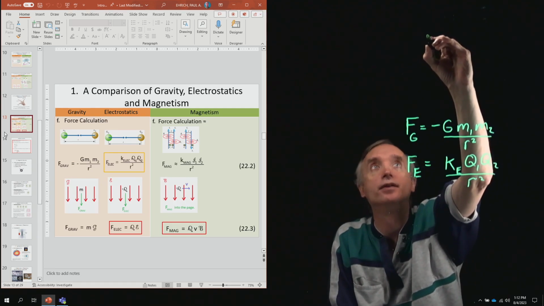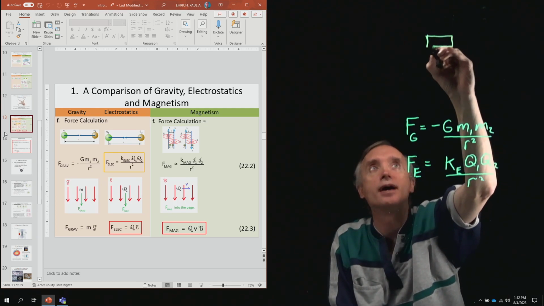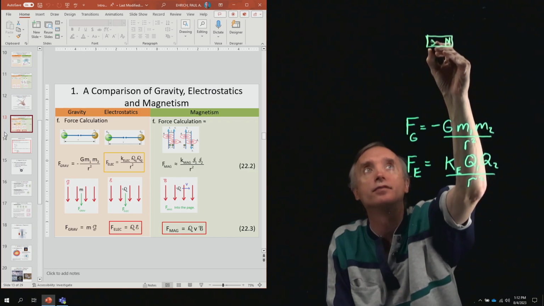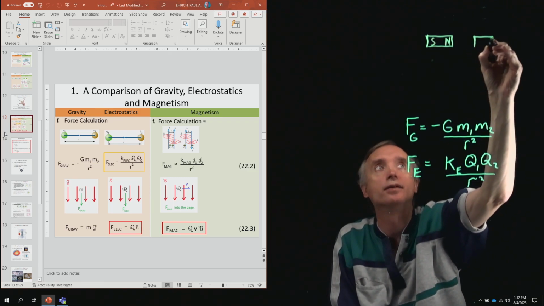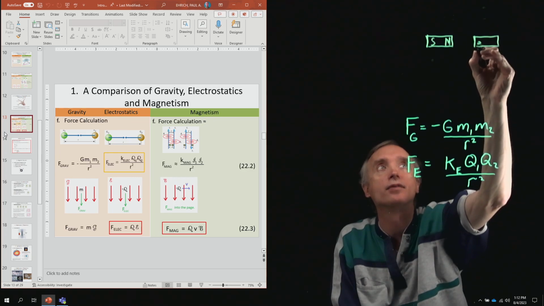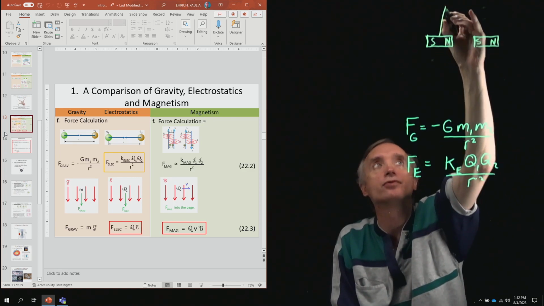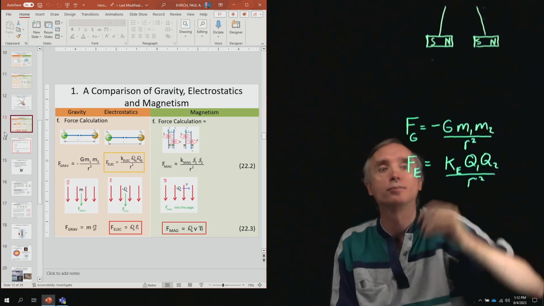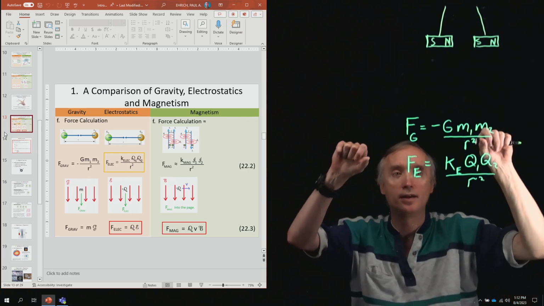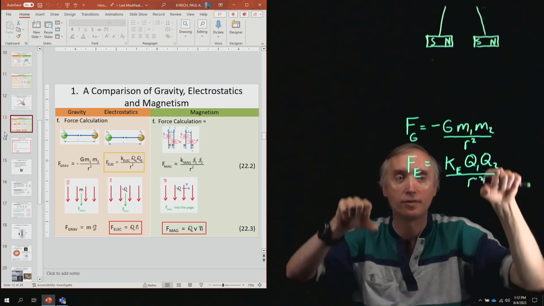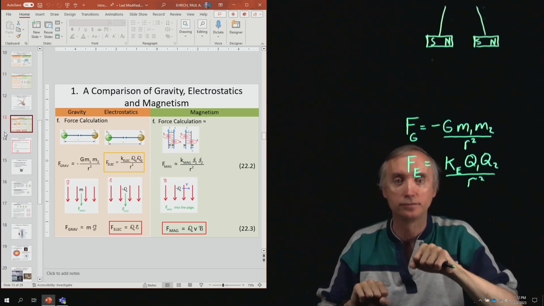They said, let's take a magnet, and let's say that this is the north end of a magnet, south end of a magnet, and then here's another magnet over here, south end of the magnet, north end of the magnet. Let's attach them to a string and bring them close to each other, and then you know that the north end is attracted to the south end, so they'll go together.